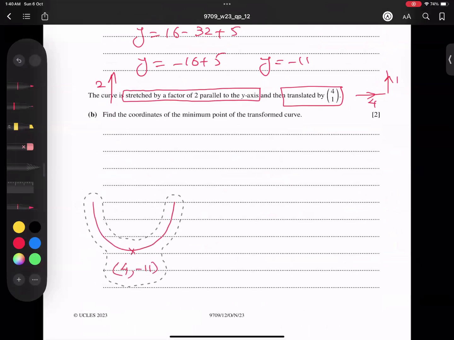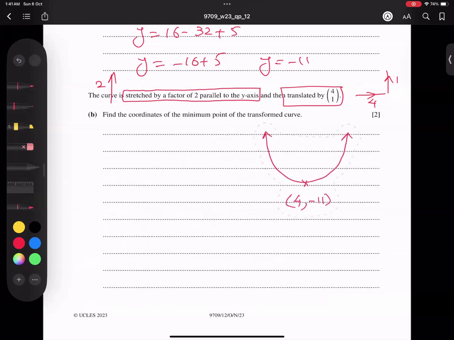Okay, so this curve, I have it. He said the stretch factor is 2 parallel to the y-axis, x remains unchanged. So this value will be multiplied by 2, so the minus 11 becomes minus 22. So I can show you here.